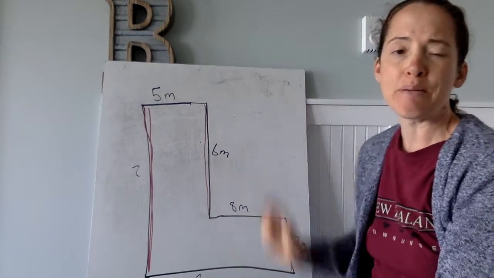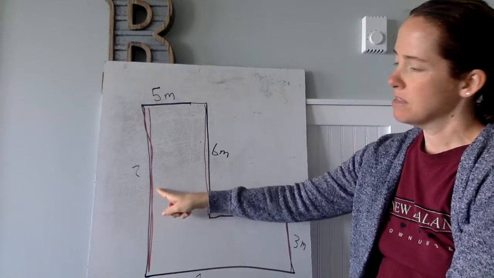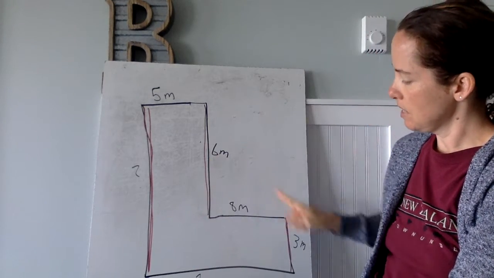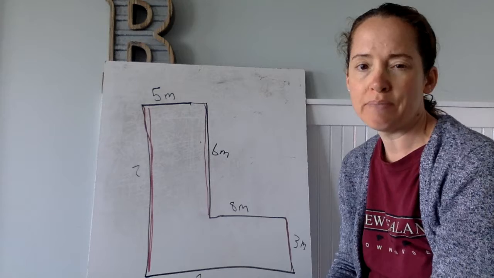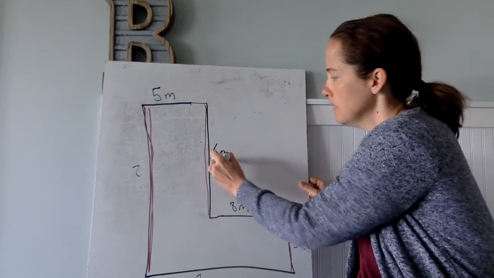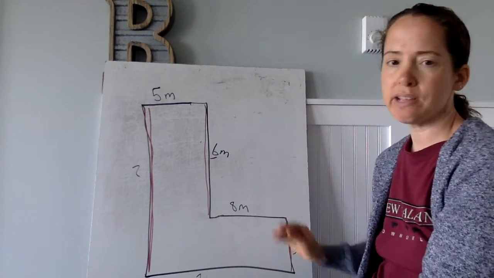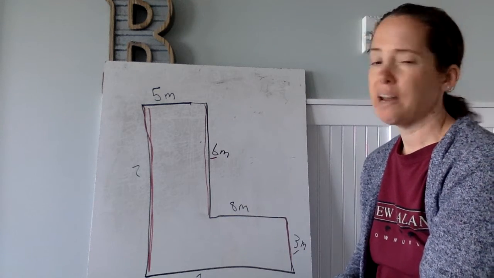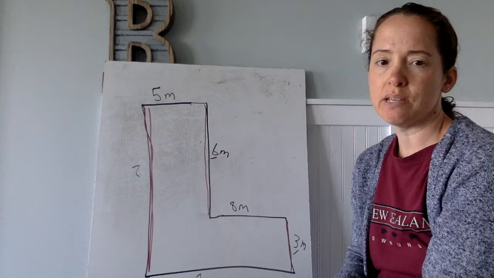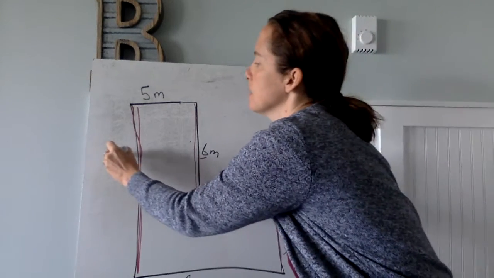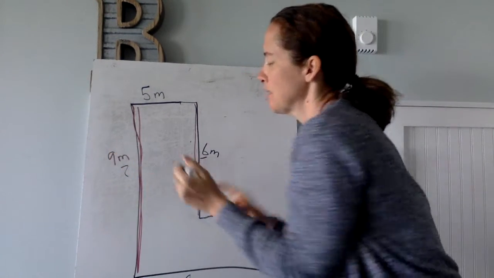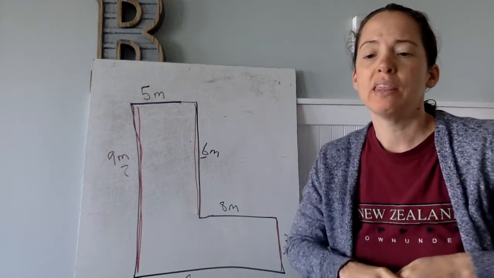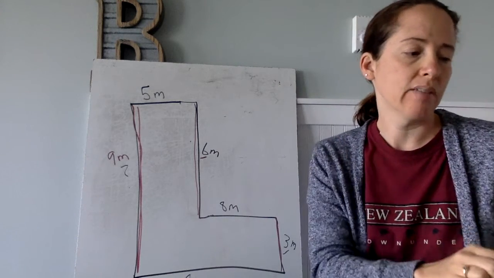That would be the opposite side. So whatever this is, I know that this and this is going to be equal to it. Well, I have 6 and 3, so that would be this side length. 6 plus 3 is 9. And I know its opposite side is going to be congruent. So this side length is going to be 9 millimeters. So there, I'm done with the vertical lines, the up and down lines.